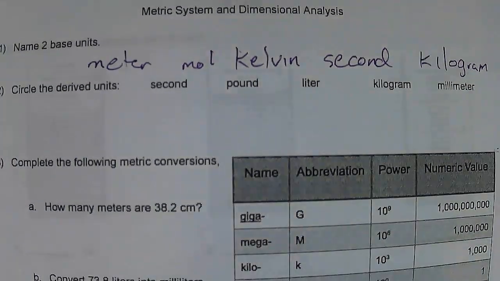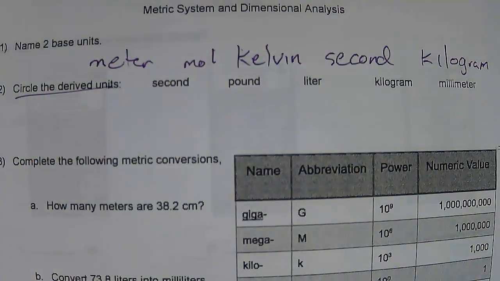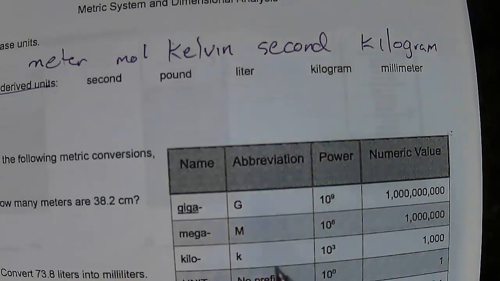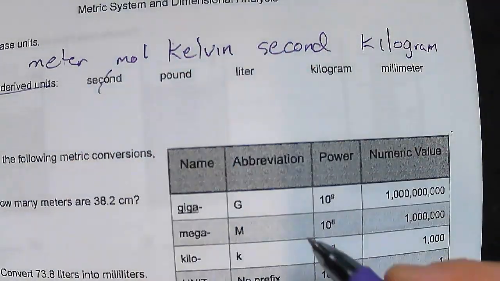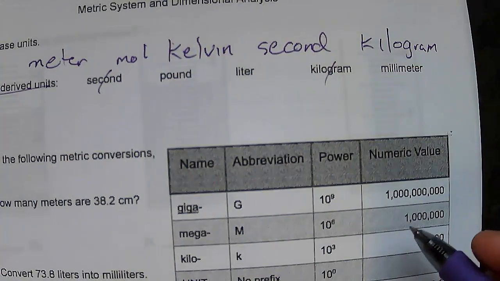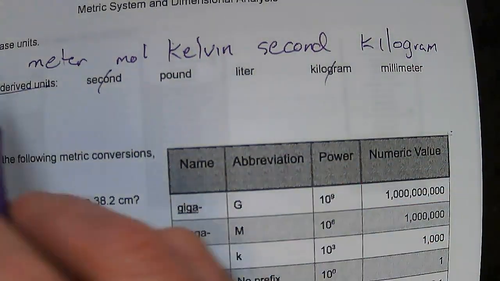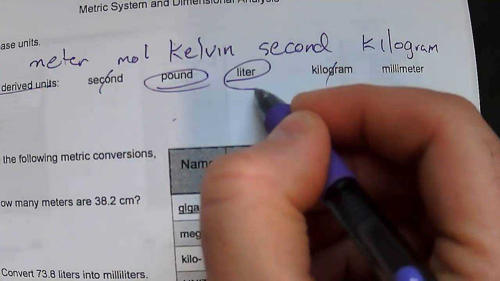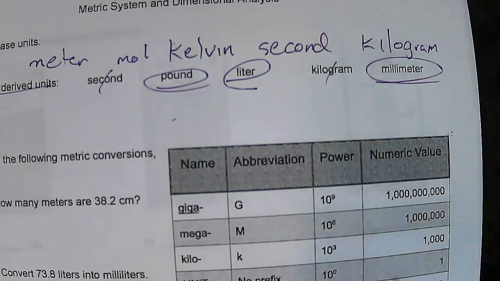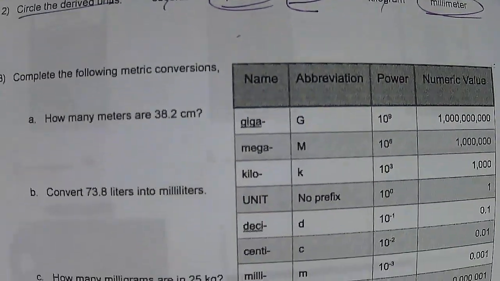Then this is very similar to the question on the quiz, which asks for the derived units. Second and kilogram are on the list of base units, so that means that these 3 are derived.